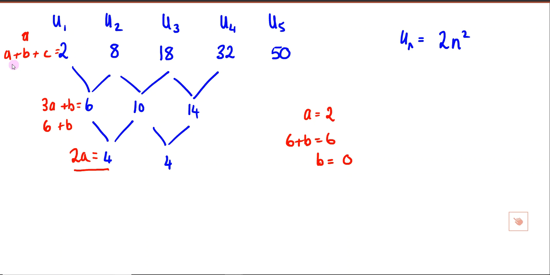So if a is 2 and b is 0, c must equal 0. So I've shown that in my general form, if un equals an squared plus bn plus c, a is 2, b is 0, c is 0. So I've confirmed that it's 2n squared.